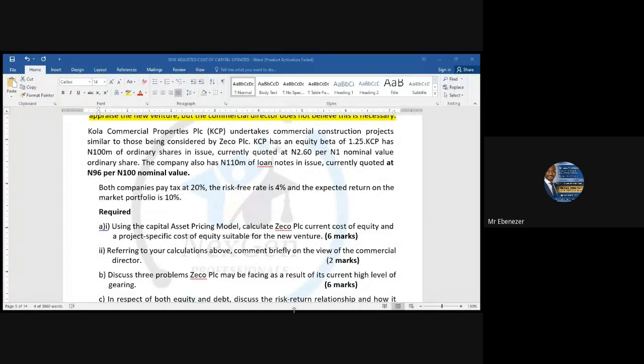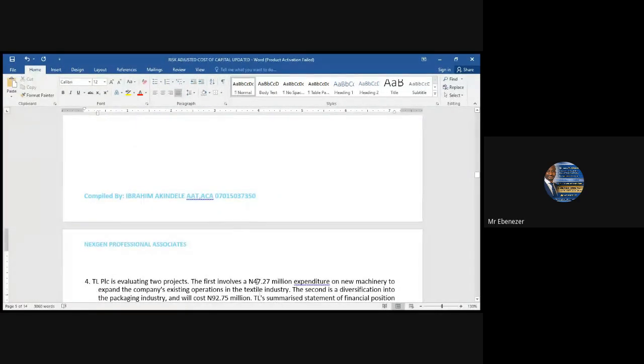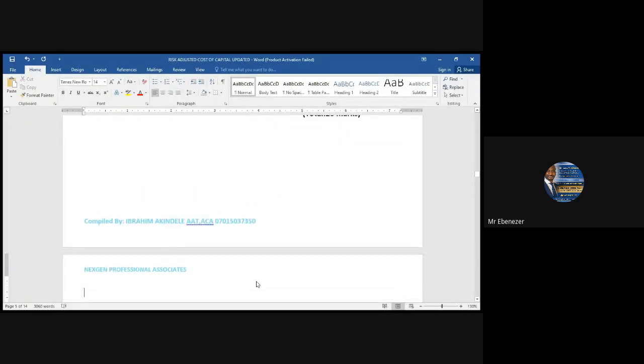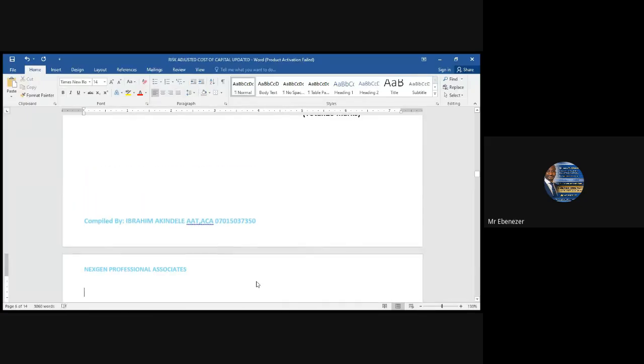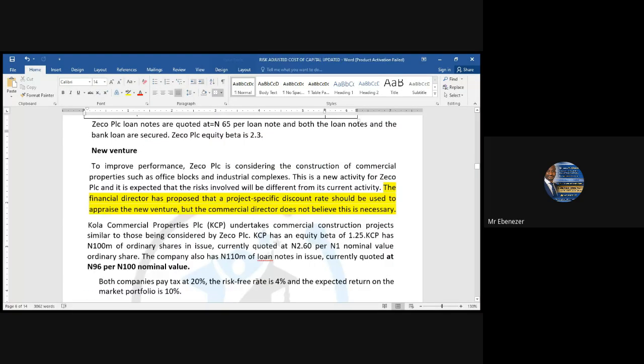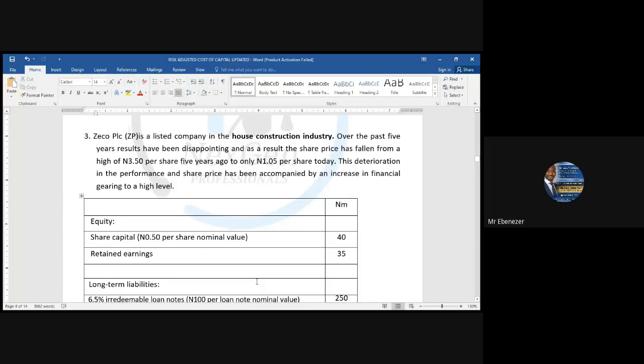So now, suggested solution. Please confirm if you can see my screen for the suggested solution. So what is the name of the main company? Zeco.